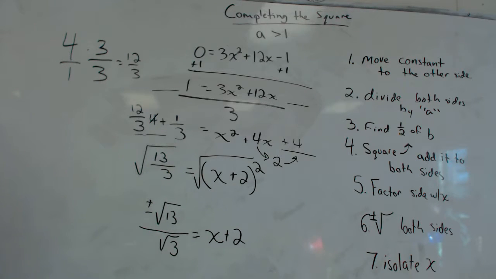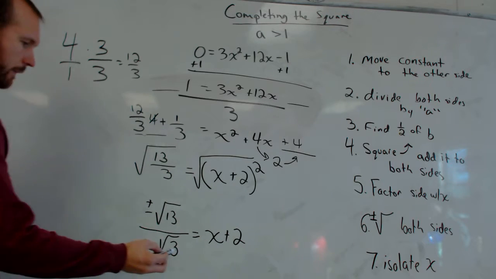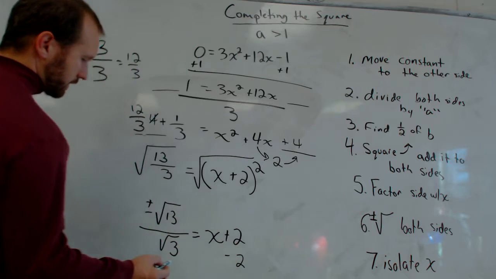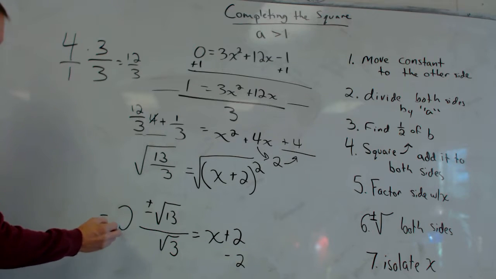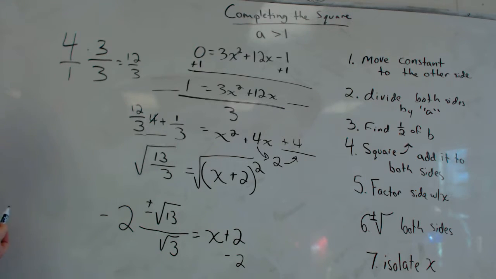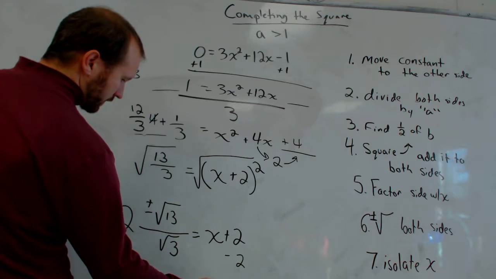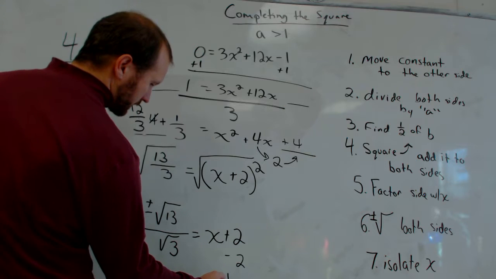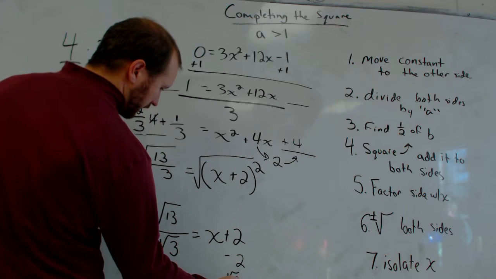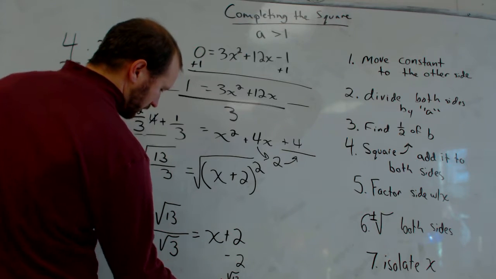Then you subtract the 2, and I'm going to write it out front. So I would probably write this as x equals negative 2 plus or minus the square root of 13 over the square root of 3.